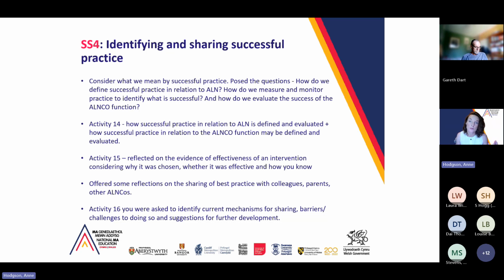How do you choose an intervention? And if we're choosing interventions because they're considered effective interventions, what is the evidence? How are we measuring it?